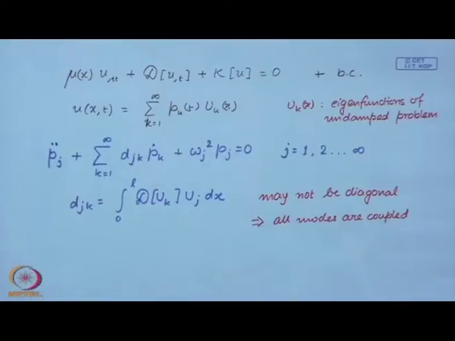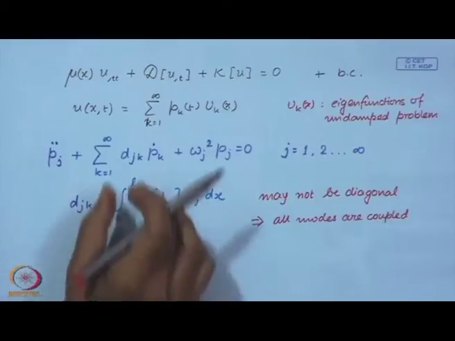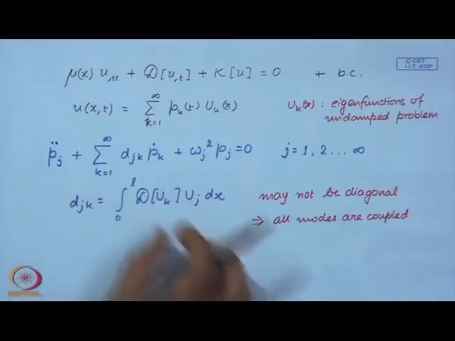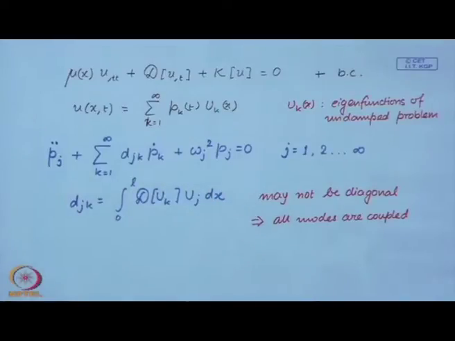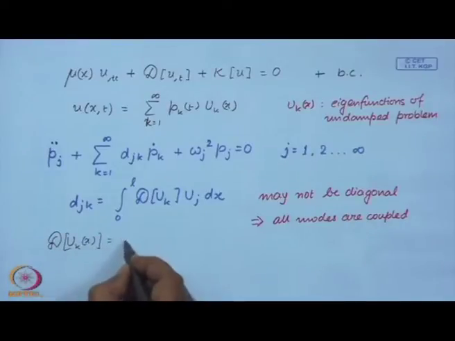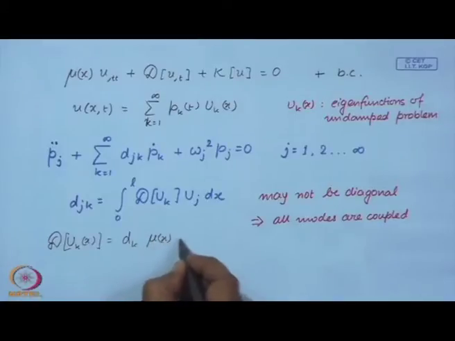Now, under very special situations, this damping matrix will be a completely diagonal matrix. So, let us look at that condition. That condition follows very easily from here, if d u k is some d k times mu x times u k.